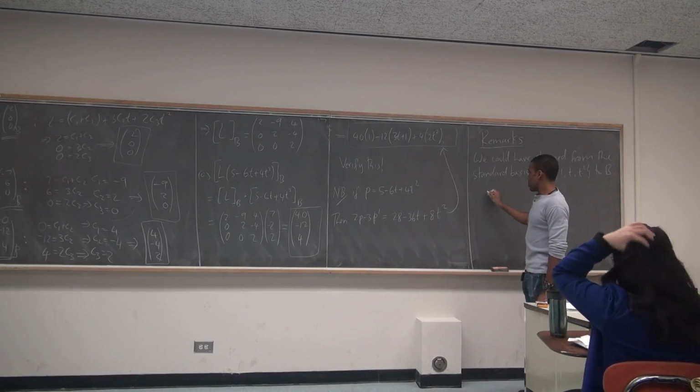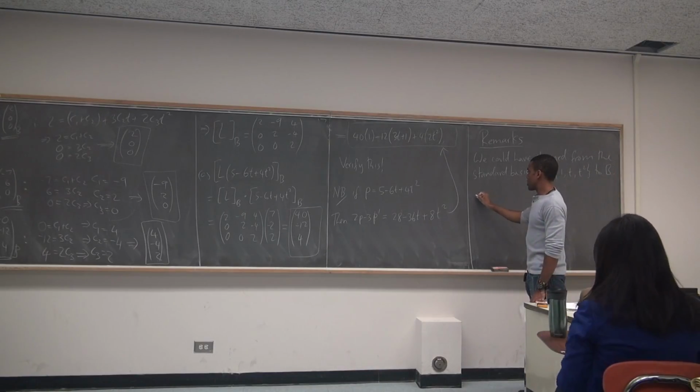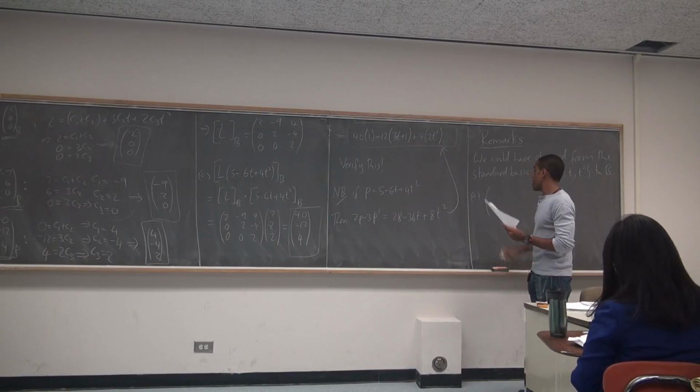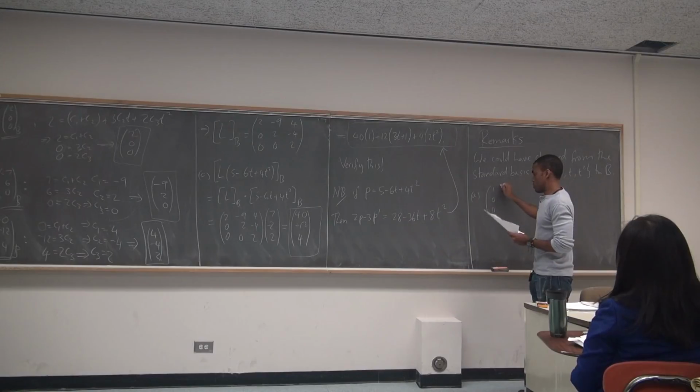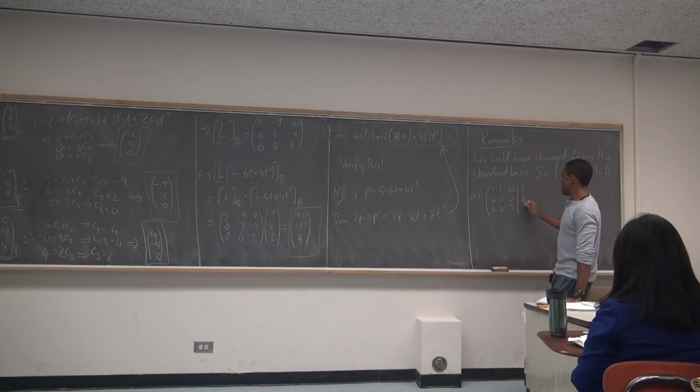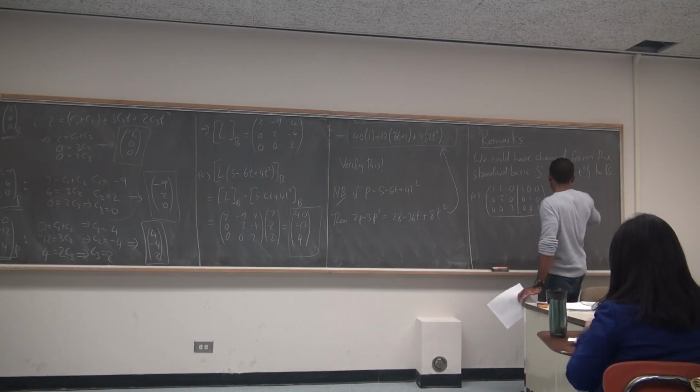And remember how we did that? We just set up this matrix. I throw the basis vectors for B, 1, 0, 0, 1, 3, 0, 0, 0, 2, over here, and I throw the basis for the standard guy over here. I can find the reduced echelon form.